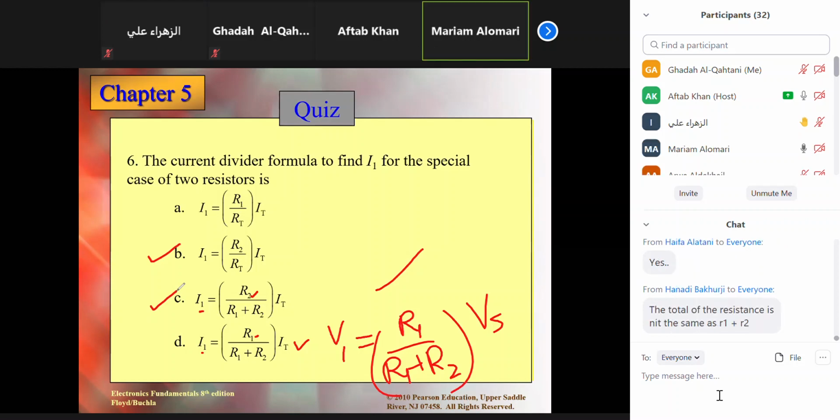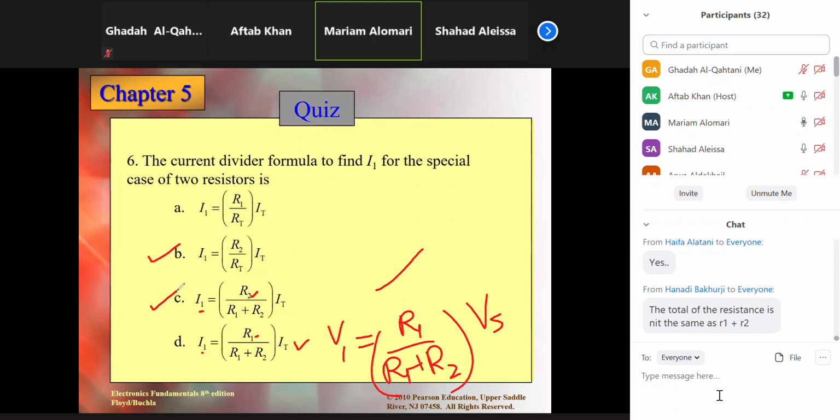Maybe because there might be more than 2 resistors. It's because RT in parallel is not R1 plus R2. Absolutely right, Shahad. Very good. It's equal to 1 over. Correct, Handi. So that is the difference. At least you replied.